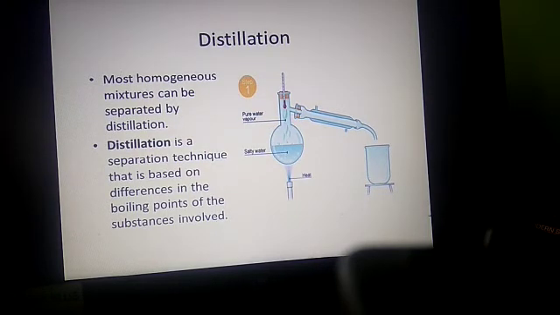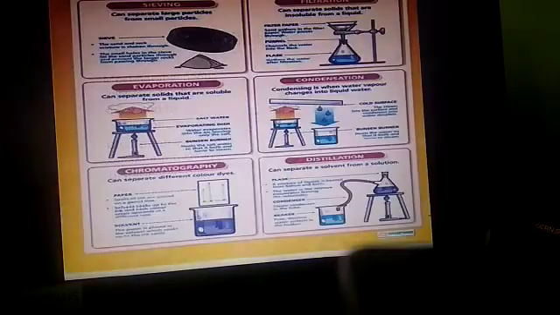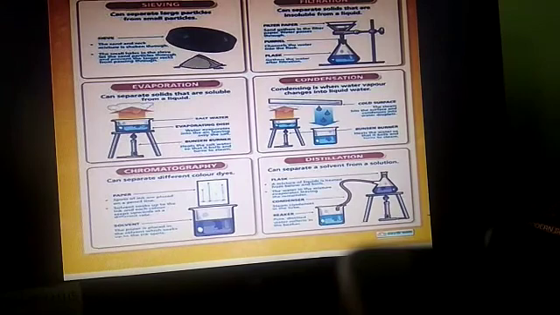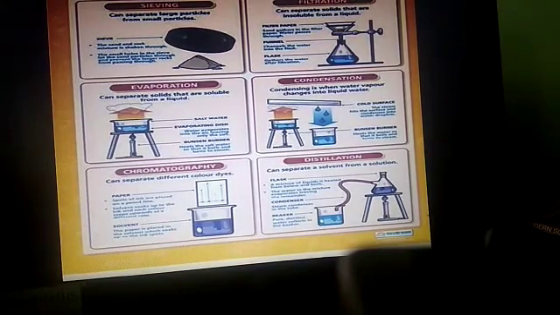So salty water, that is impure water, is heated. Pure water is obtained in the form of vapor, which is passed into the condenser and collected. So these are the methods: sieving, filtration, evaporation, condensation, chromatography and distillation.